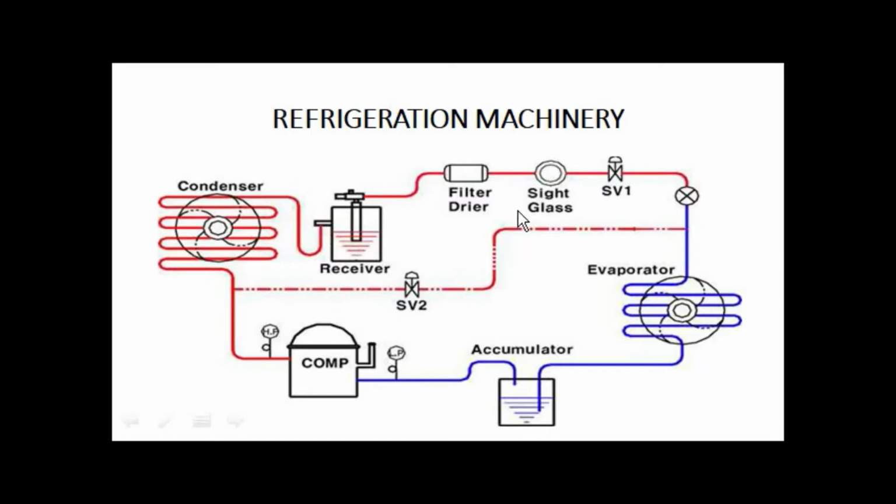As we know, the main heart of this refrigeration machinery is the compressor. The compressor allows refrigerant to circulate in the system by compressing refrigerant at high temperature and high pressure to the condenser, and then the condenser condenses the liquid refrigerant, and also during the condensation there is a release of heat.